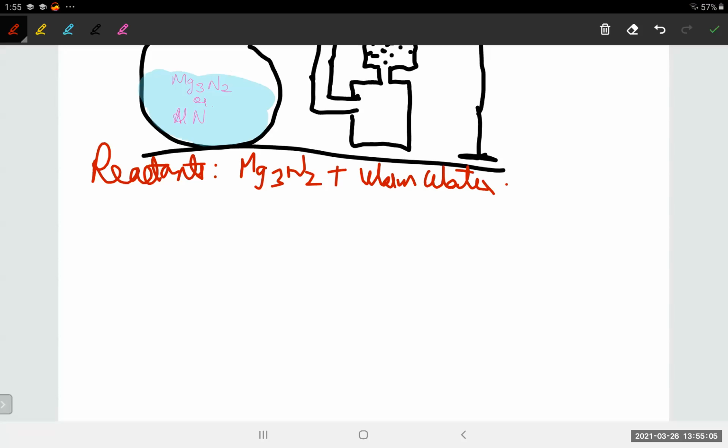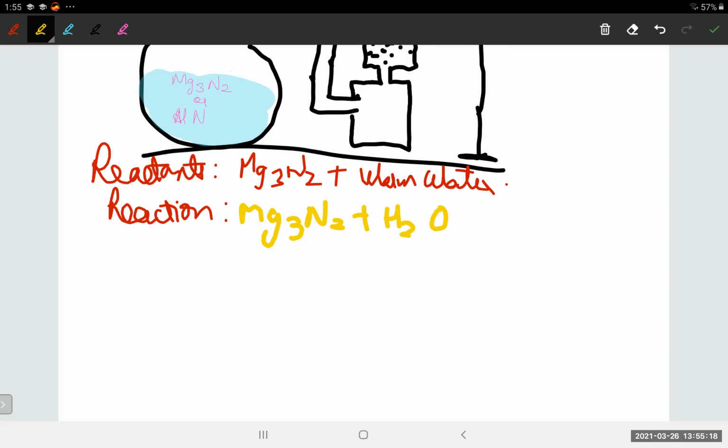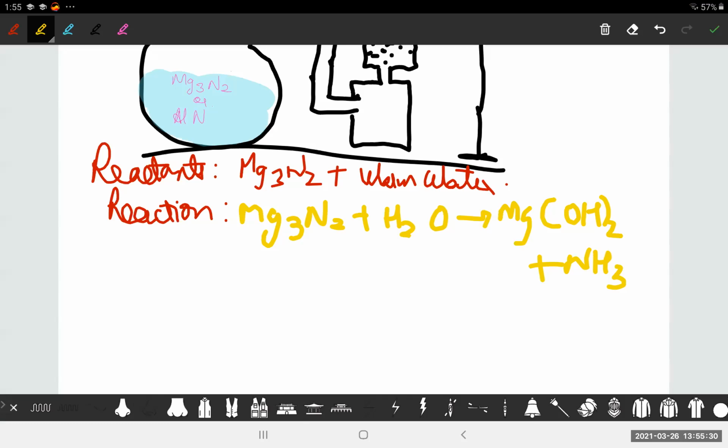The reaction is like this: magnesium nitride combines with water to give us magnesium hydroxide, Mg(OH)2, plus our desired gas, ammonia. I hope that this is clear.